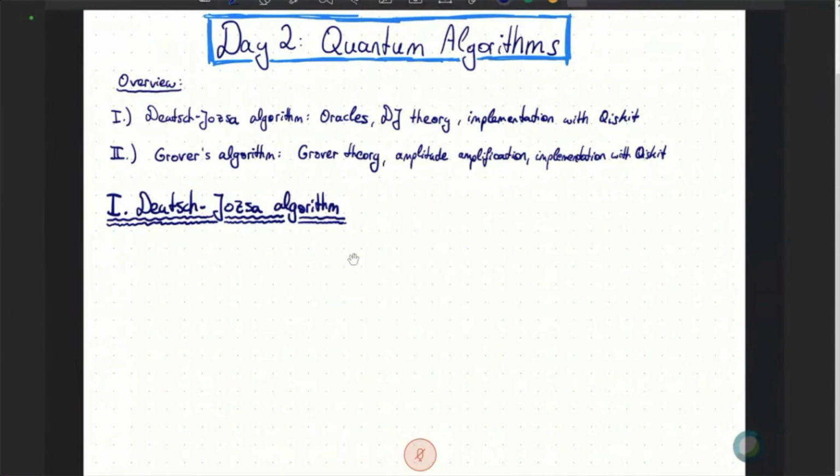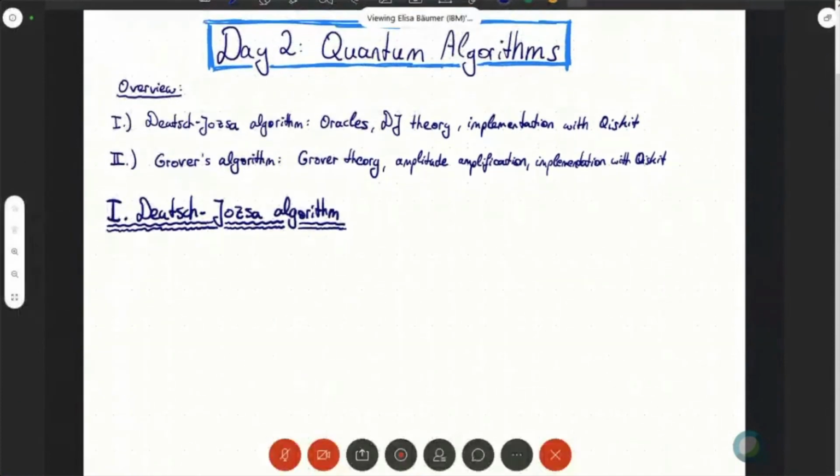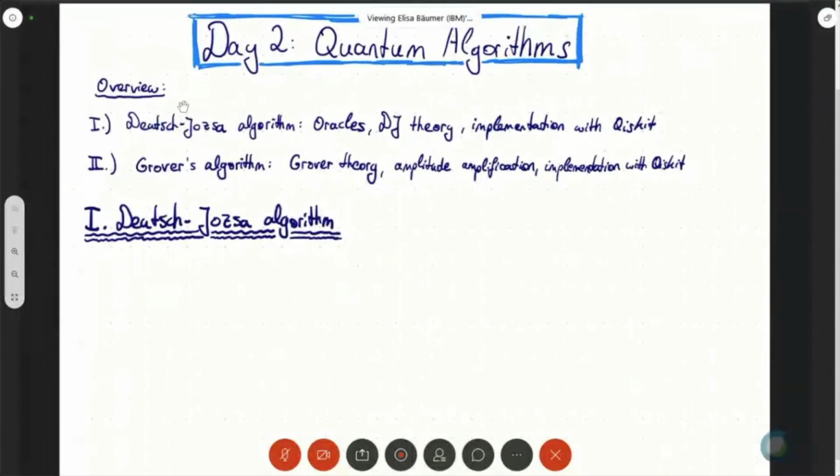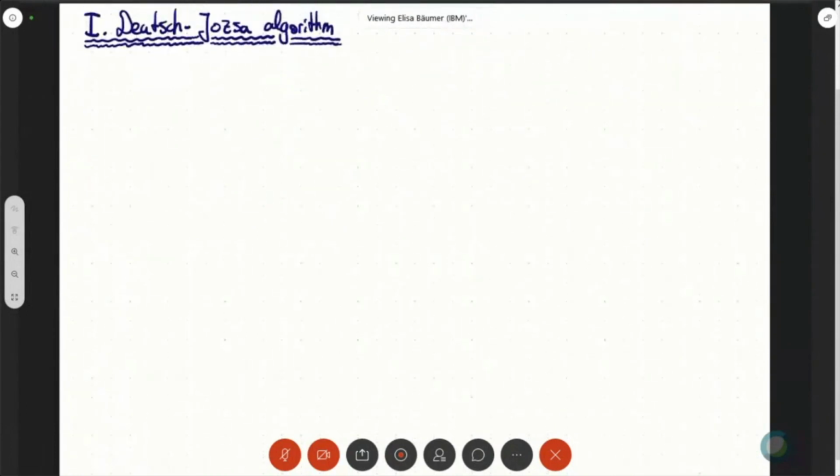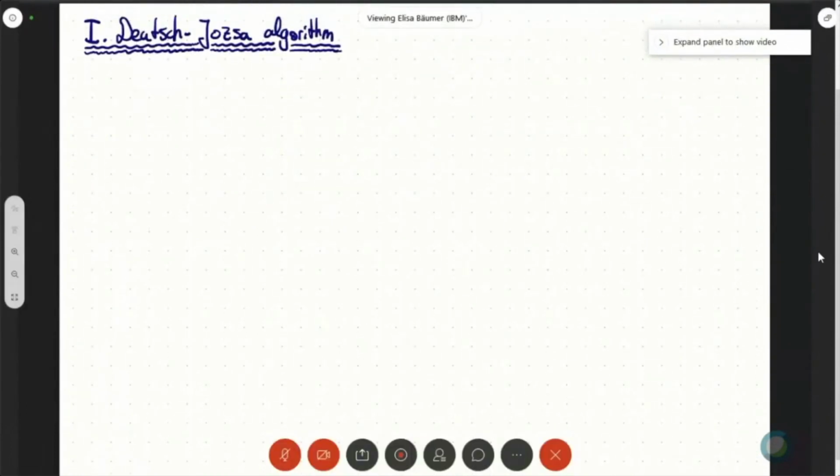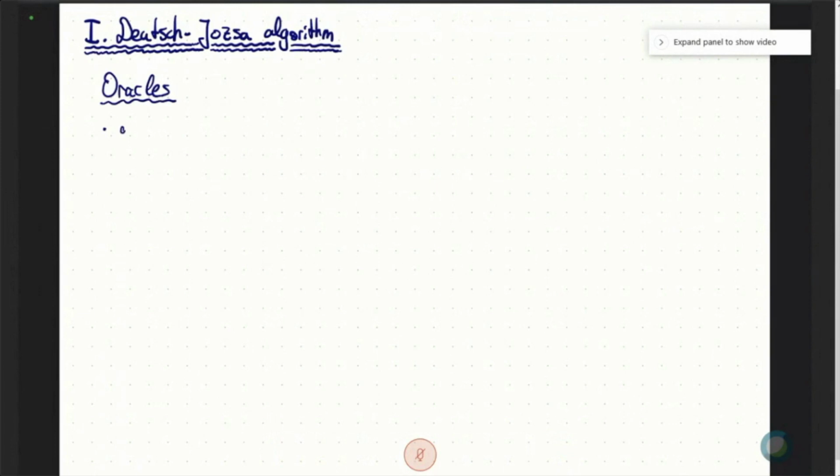Okay. So, as I mentioned, first we're going to talk about the Deutsch algorithm. And what we start with is oracles. So I will first introduce you to the concept of oracles. For a lot of quantum algorithms, we assume that we have access to some oracle, where this oracle can be just some kind of physical device.